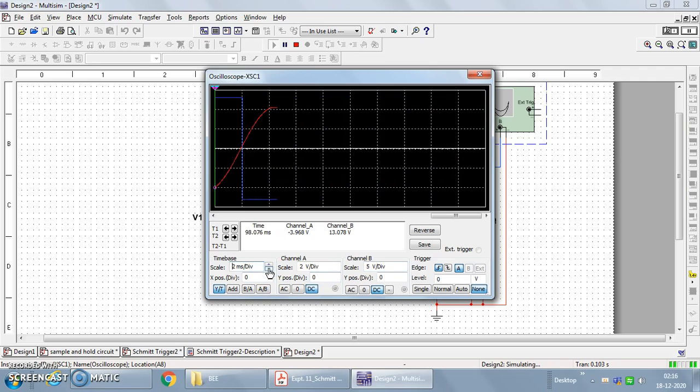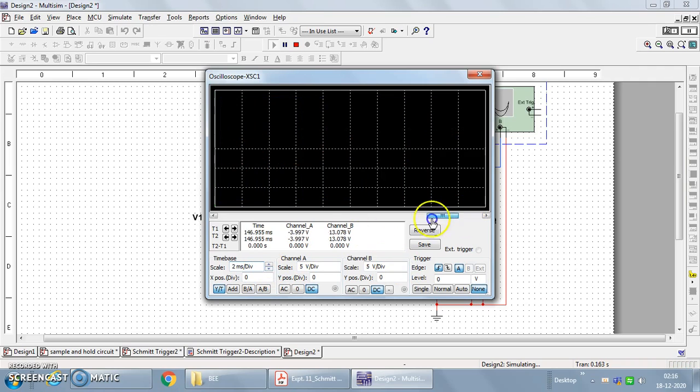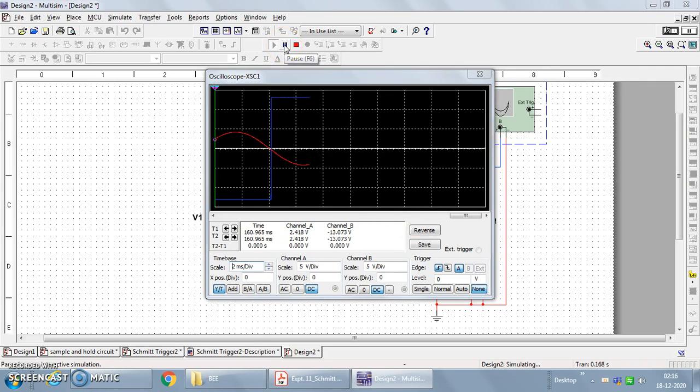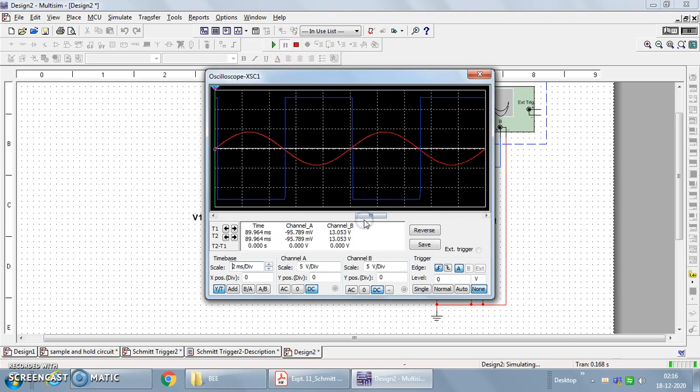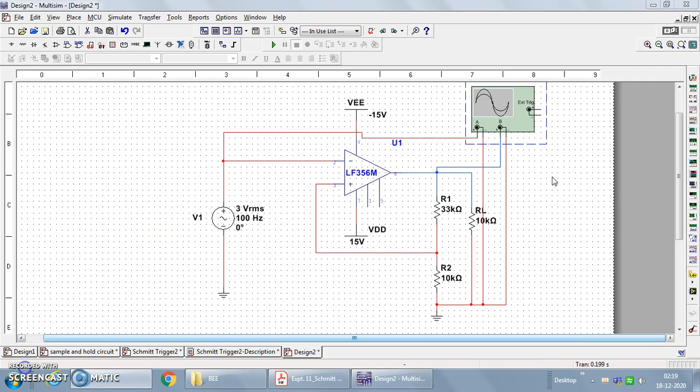To see the waveforms more clearly, we can pause here and see the details. Here is the amplitude if you want. Change the time scale also to see the effects. Now if I pause the waveforms, see the effect. The threshold values are set, but here we cannot clearly understand the effect, so it's better if we change the values.